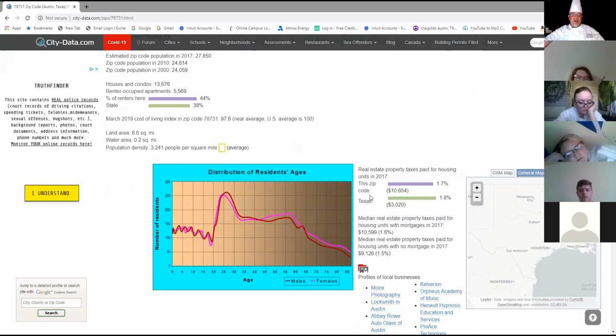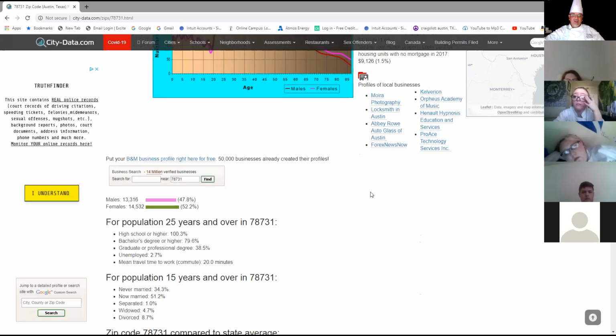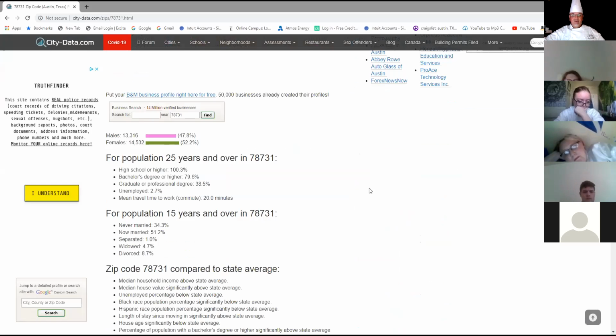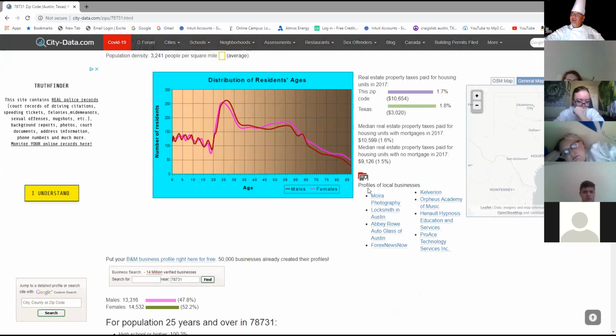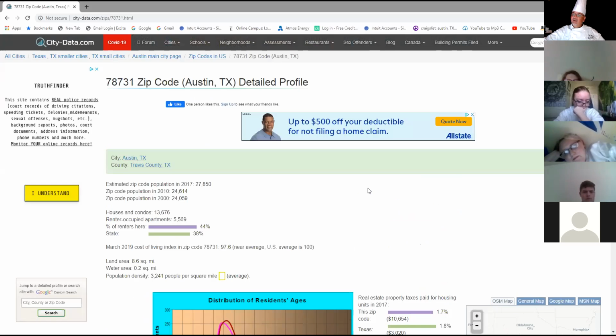Ages, the highs are between 20 and 50. Population 25 years and over, 100%, 79. So that is your website to go to get the demographics for your project.